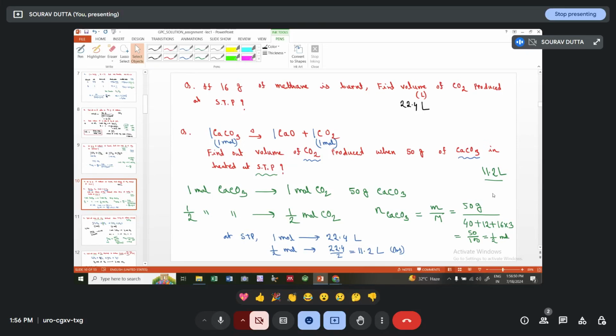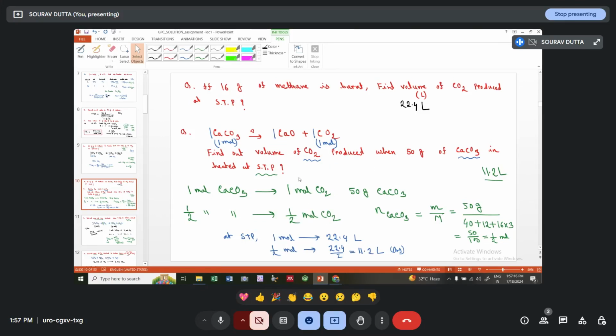So the molar mass of calcium carbonate is 100 gram. So for 50 gram calcium carbonate, number of moles is mass by molar mass, 50 by 100, so half or 0.5 mole calcium carbonate. 1 mole calcium carbonate will give 1 mole carbon dioxide, so half mole calcium carbonate will give half mole carbon dioxide.